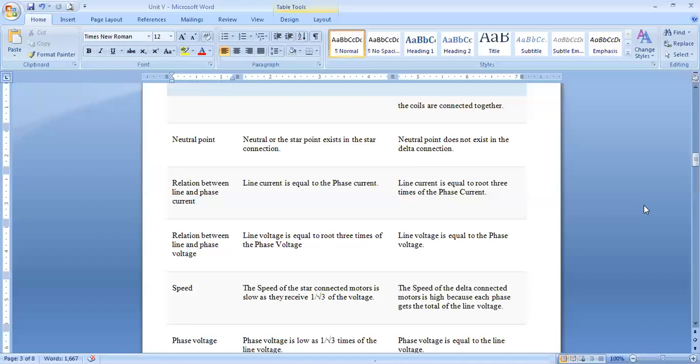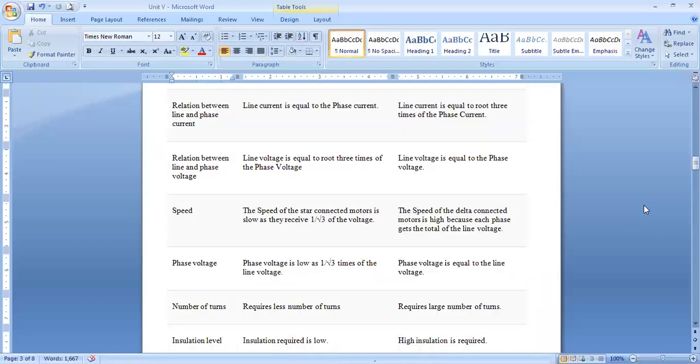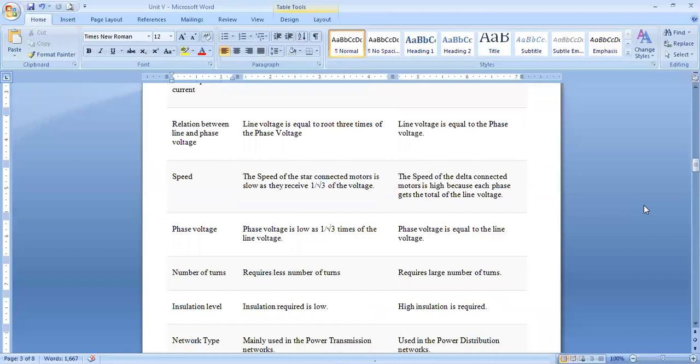But the speed of the delta connected motor is high. For the star connection, we are taking the voltage between a main line and the neutral. That's why the applied voltage is less and the motor runs slow. But for the case of delta, each phase gets the total line voltage, so the motor runs fast.